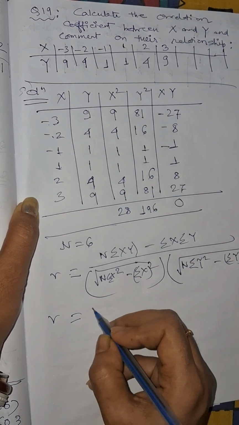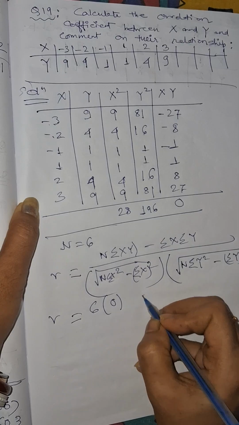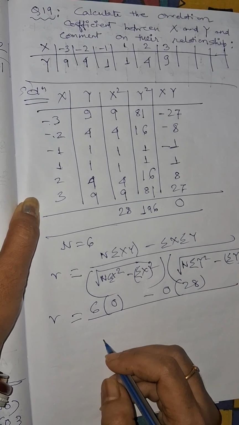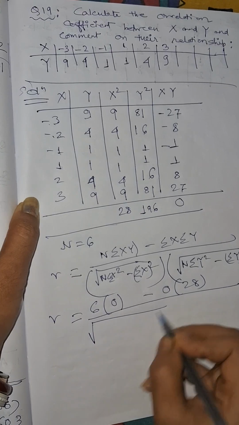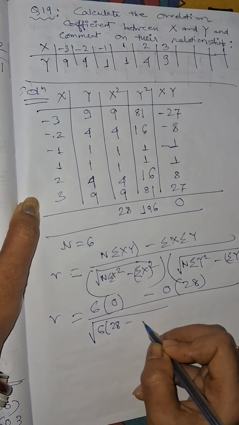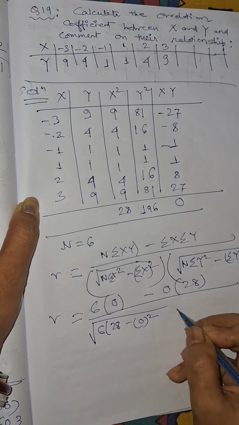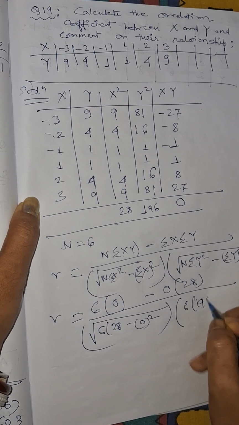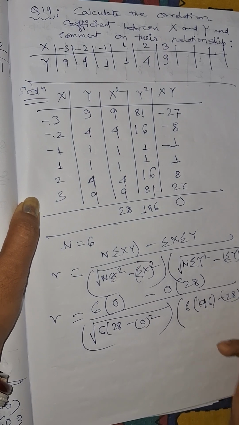So if we put all the values, 6 into 0 minus 0 into 28 by what? Root over of 6 into 28 minus 0 square into 6 into 196 minus 28 square.